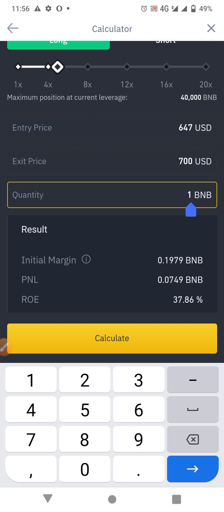So the reason why it was not doing it is because the quantity I was using before would not be enough. Are you getting me? So this initial margin is 0.1979 BNB. That is the real BNB I must have in my wallet to be able to trade one BNB at this price.